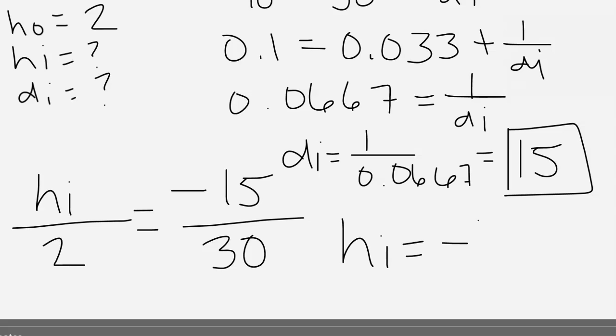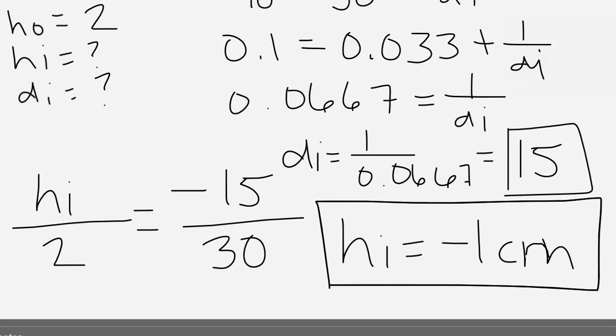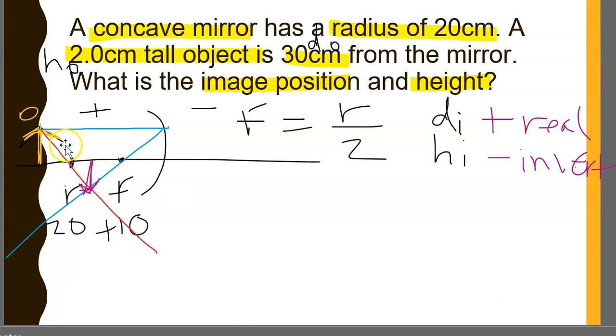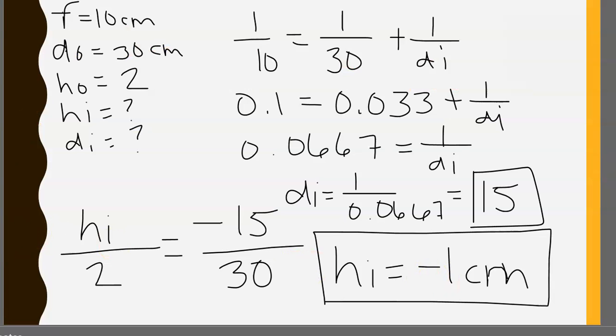So our HI is going to be negative 1 centimeter. So that's inverted, and it's also smaller. Let's make sure that checks out with our ray diagram, and it does. Our ray diagram showed that it was real, inverted, and smaller than our actual object. It's actually half the size. Our actual object was 2 centimeters, and we got 1.